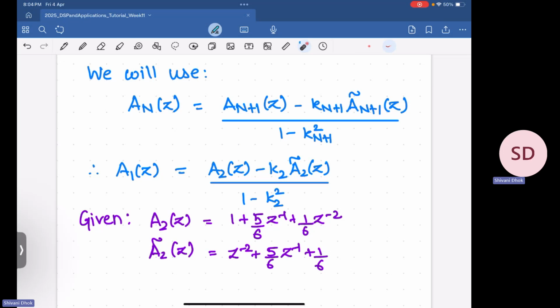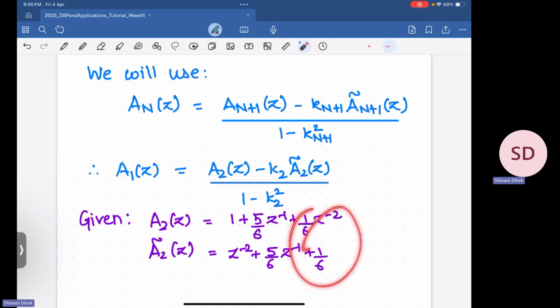We have 1 plus 5 by 6 z inverse plus 1 by 6 z to the power minus 2. Now this A2 tilde of z is basically the same degree 2 polynomial but with reversed coefficients. So this 1 will be the coefficient of z to the power minus 2, then this 5 by 6 will be the coefficient of z to the power minus 1, and this 1 by 6 will be a constant.